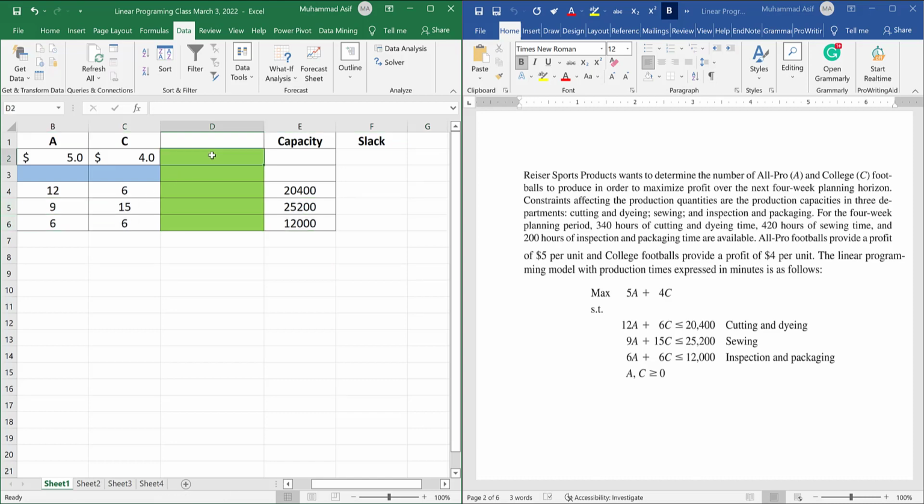So the first thing is the objective function, and for this one we will start with this cell. I will enter all formulas in green cells.